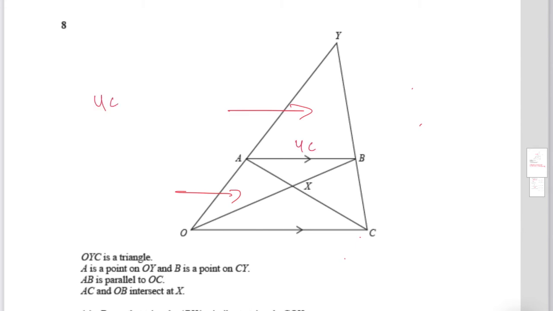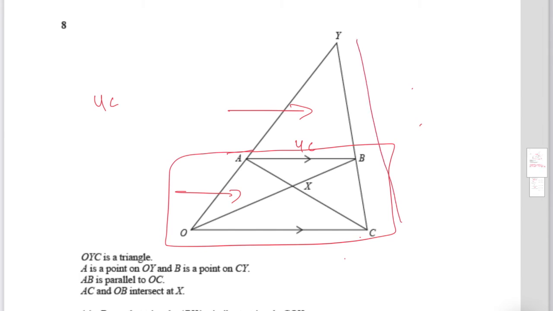The area of the larger triangle would have been 6c squared. But we remove this part so that we have a trapezium OABC. So you subtract 4c squared from it.